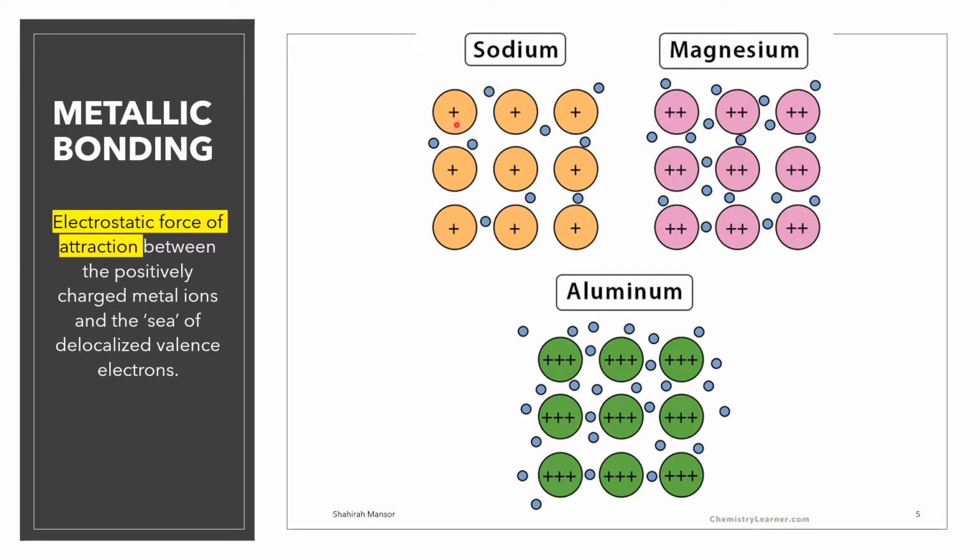So when you are about to draw the diagram of particle di dalam sesuatu metal, you have to make sure bilangan cation yang ada dalam gambar rajah yang awak lukis tu mestilah konsisten dengan bilangan valence electron yang telah dikeluarkan tadi. Okay, so kalau ini adalah sodium metal, so this particle will be in the form of Na+.